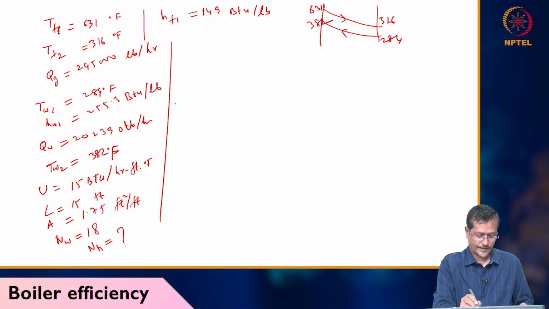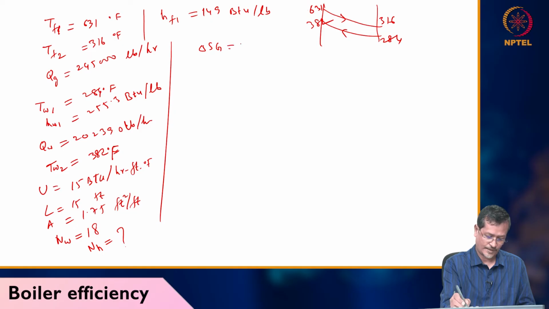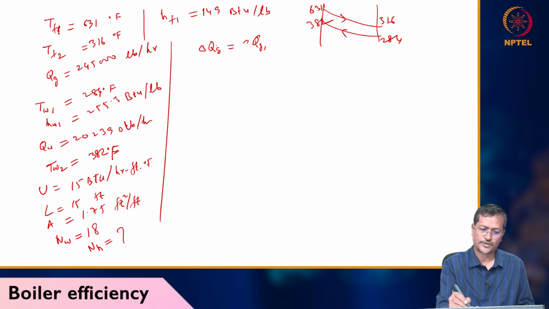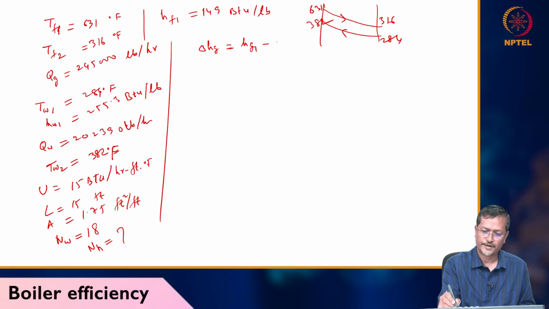Now del QG equals, I should not write Q, rather I will write H. Del HG equals HG1 minus HG2.